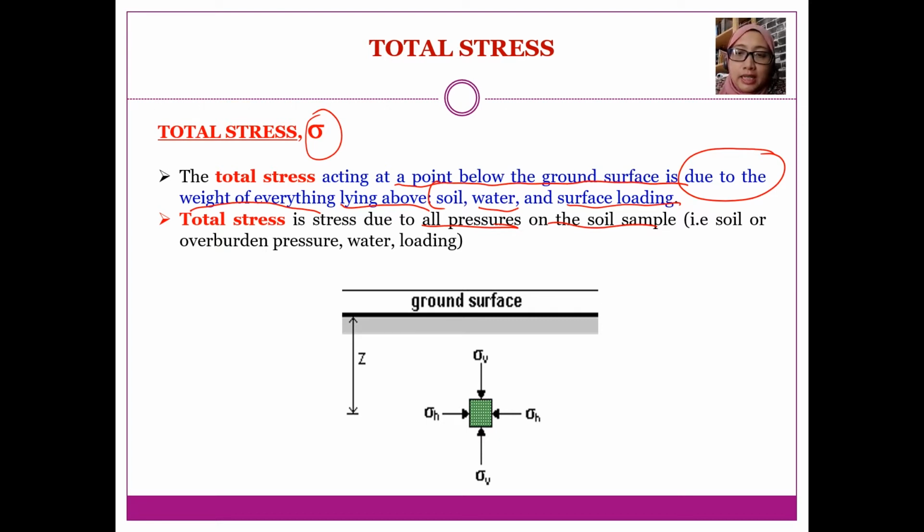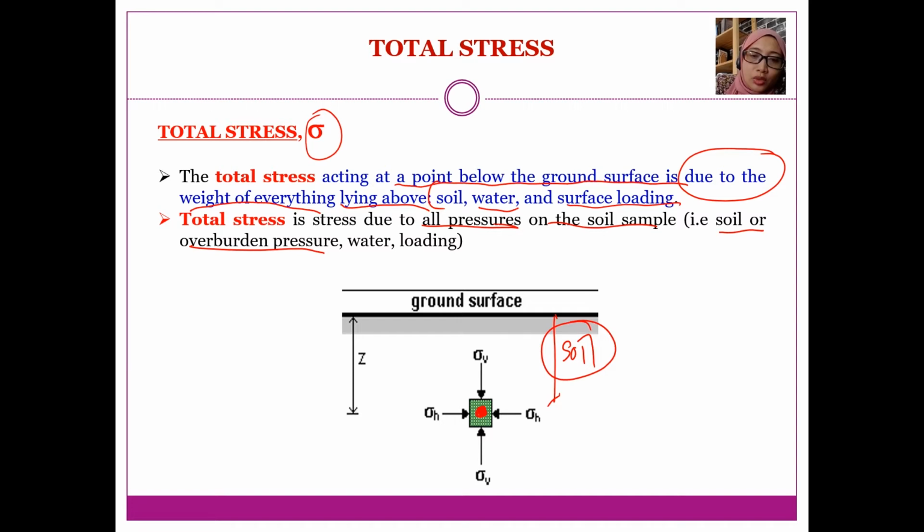Alright, if you can see here, that is the soil or overburden pressure. Let's say we want to identify the total stress at this point. This point will receive all the loads above it, meaning there is a layer of soil here.